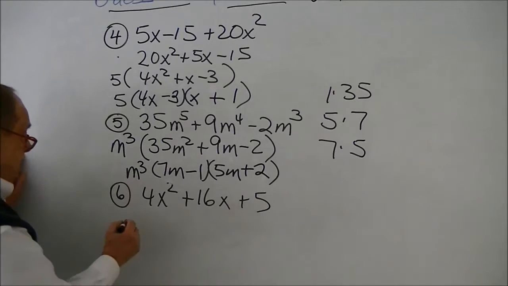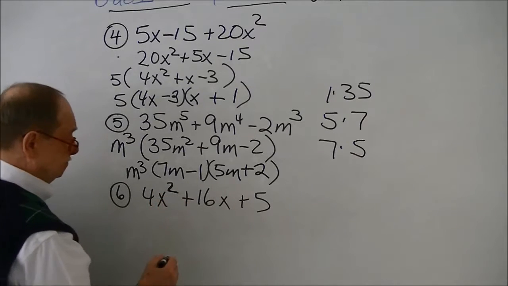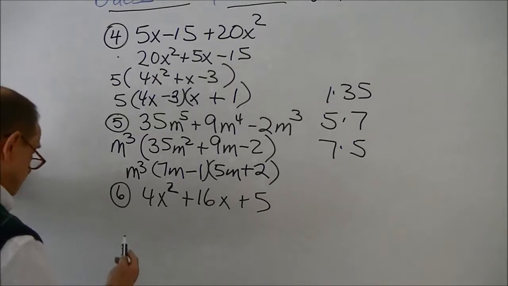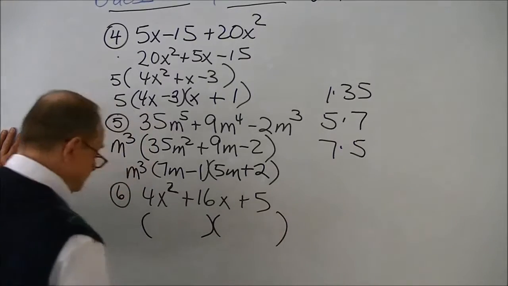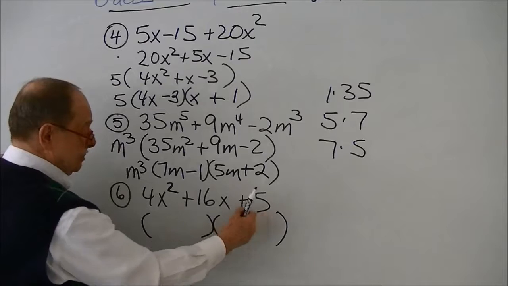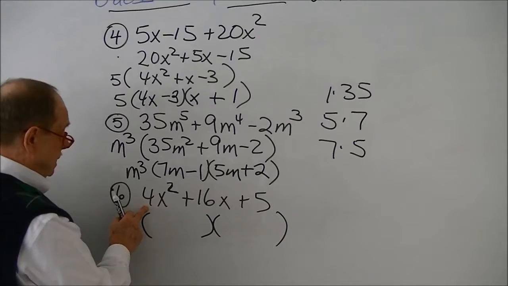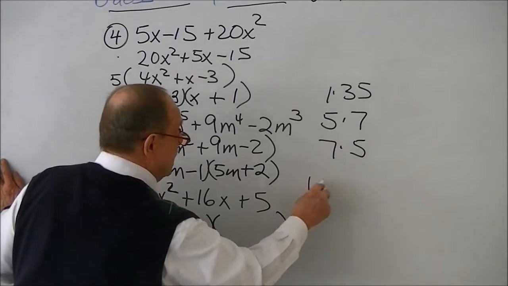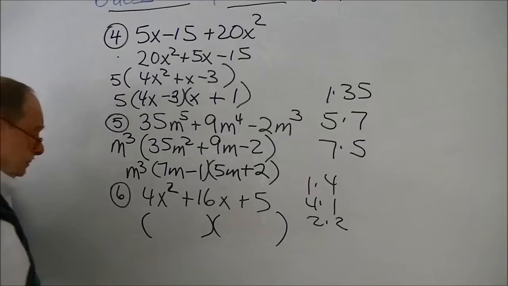Okay, this next one, no common factor, but this one's all set up. Guess and check. 5 is prime, so that's good. 4, though, on the other hand, it could be 1 times 4, 4 times 1, and then 2 times 2.